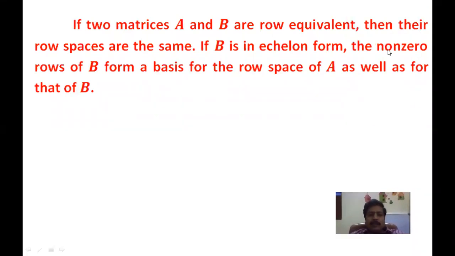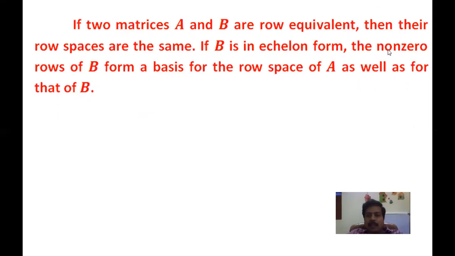If two matrices A and B are row equivalent, as we have seen earlier, then their row spaces are the same. So the row space spanned by A is the same as the row space spanned by B, which is in echelon form. That is what we have discussed earlier. So that is to be true now.